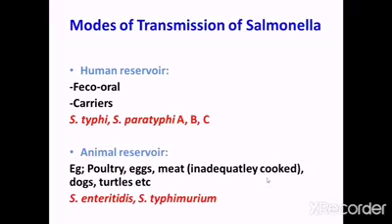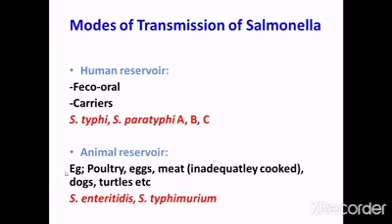But if you talk about Salmonella enteritidis and Salmonella typhimurium, then animals are the reservoir. If you see the modes of transmission, the source is poultry, meat, milk, foods of animal origin. And foods can get contaminated with lizard, rat, and other animal droppings, salad, or uncooked vegetables which are contaminated through manure or by handling.